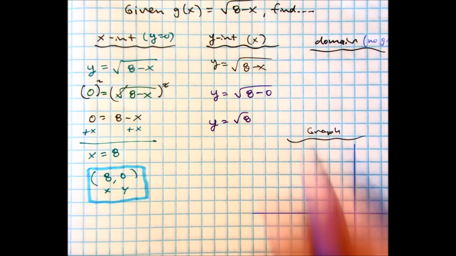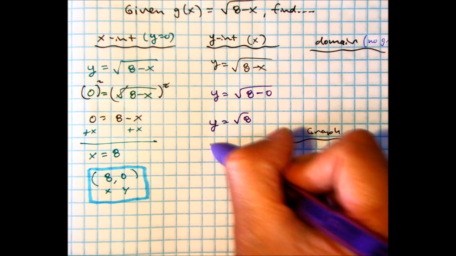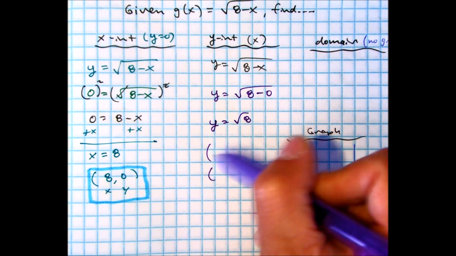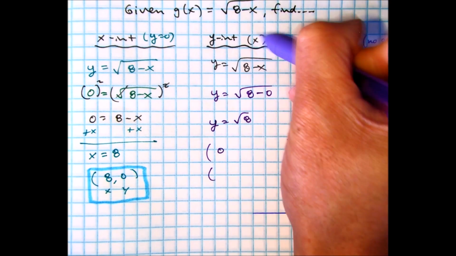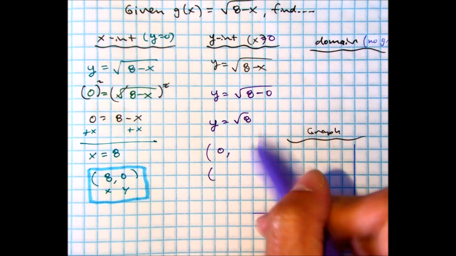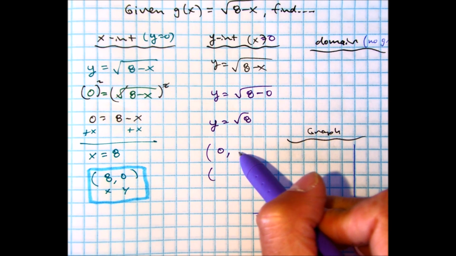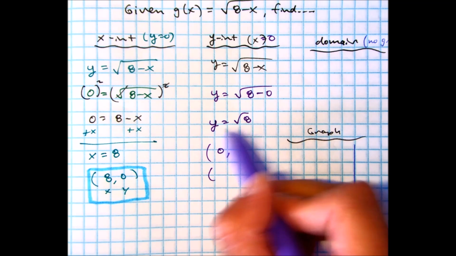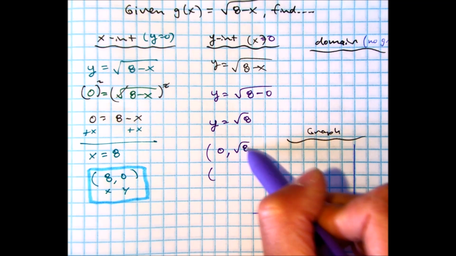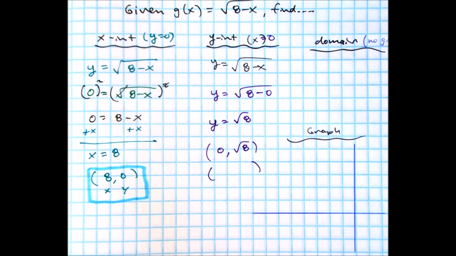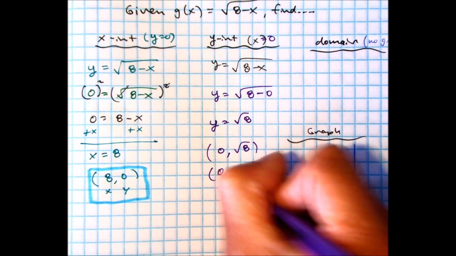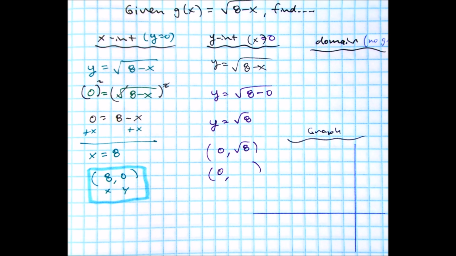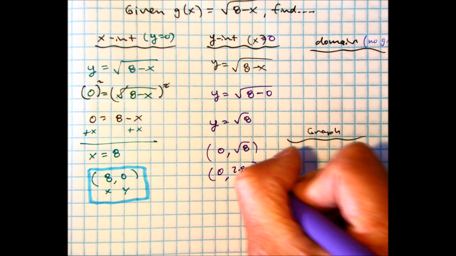Eileen, what's your ordered pair? 0, comma. What's your y value? Radical 8. Let's put that in our calculators to get a number. Approximately 2.82.